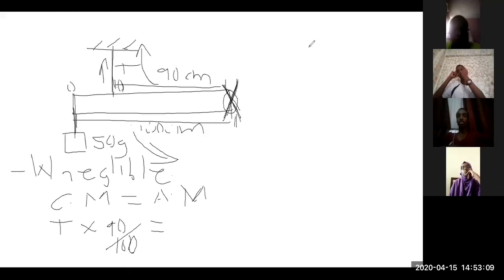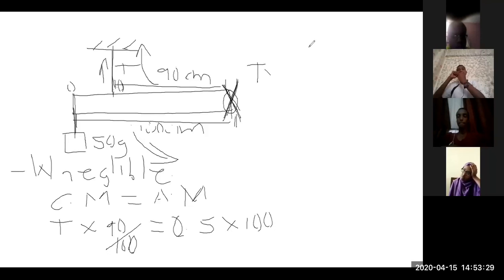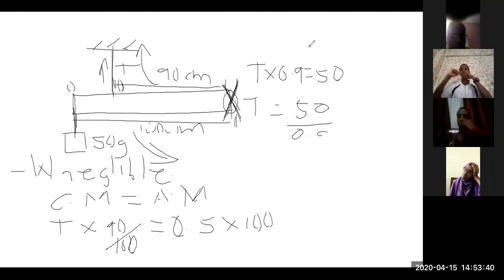If you convert that to Newton, that is 0.5 newtons times the distance which is 100. Now, up to there, we have tension times 0.9 is equal to 50. So T is equal to 50 divided by 0.9.